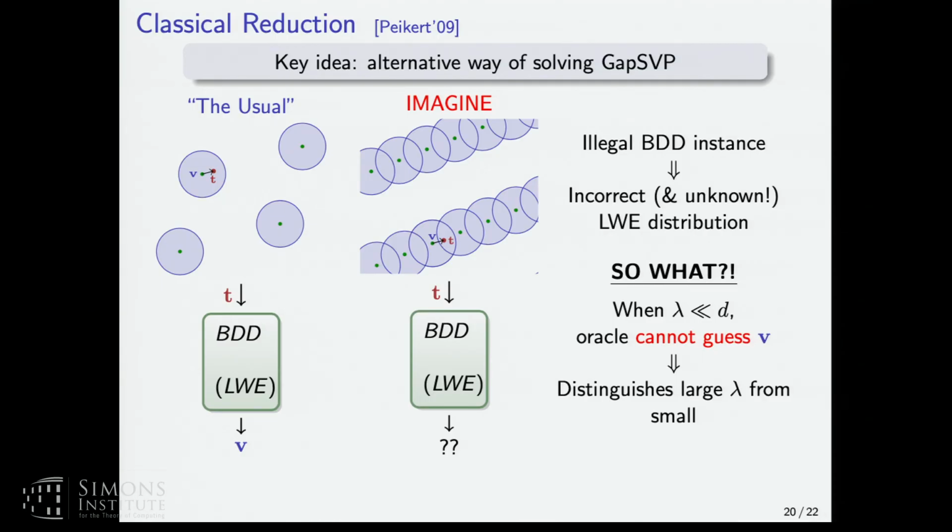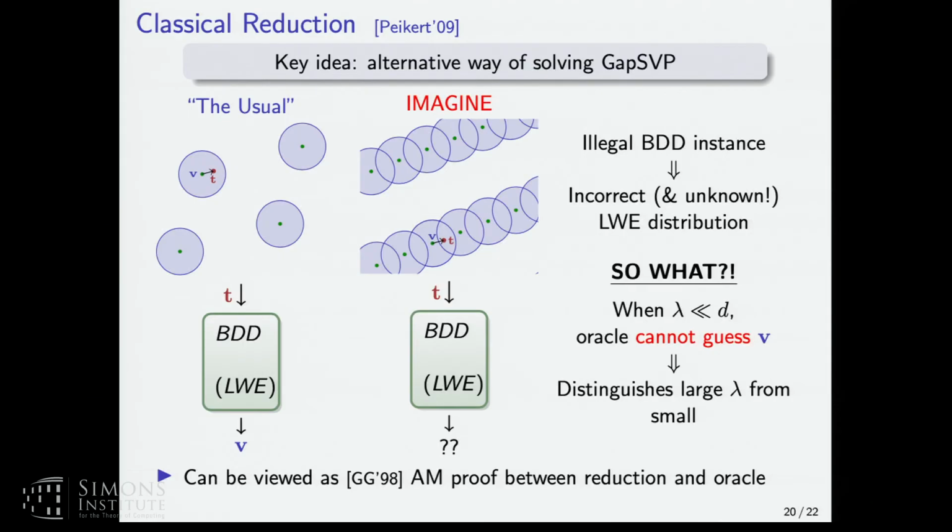So in the usual world where the minimum distance is large, the oracle will return V. But in this world where the minimum distance is small, the oracle provably cannot return V, or at least can't always return V. It has some probability of not returning V. And so this allows us to distinguish the case of a large minimum distance from a small minimum distance. That's exactly the gap SVP problem. So that's the core idea.